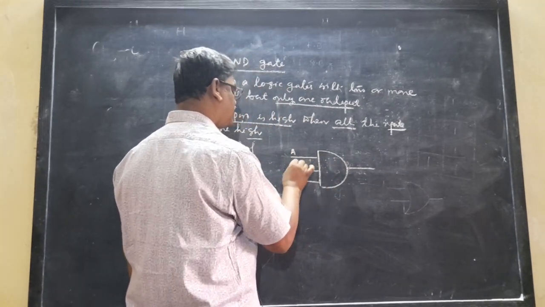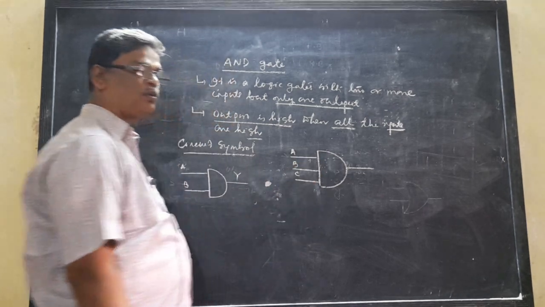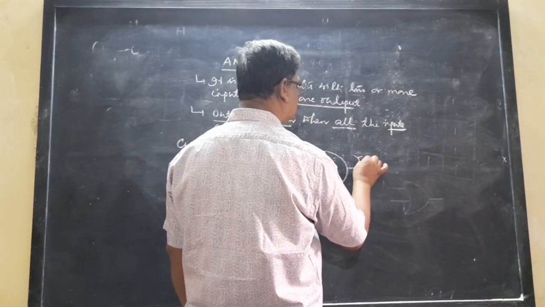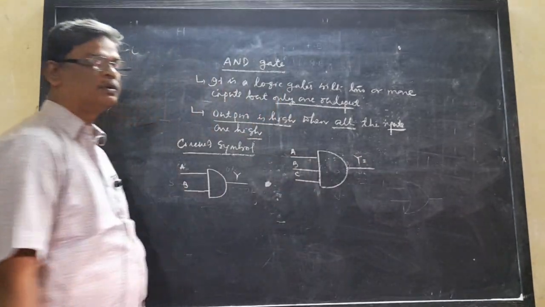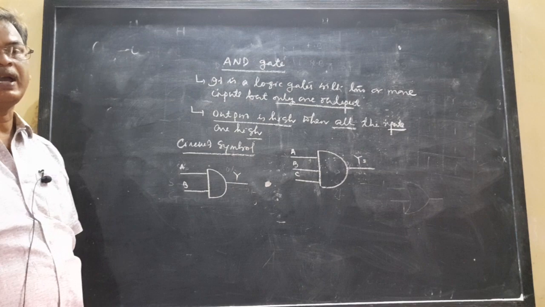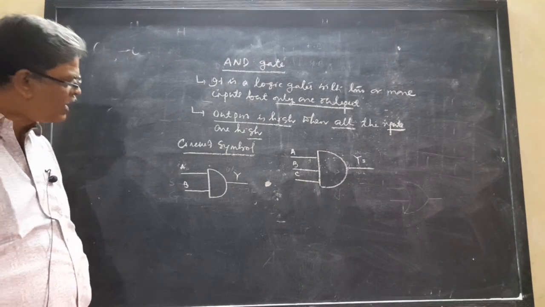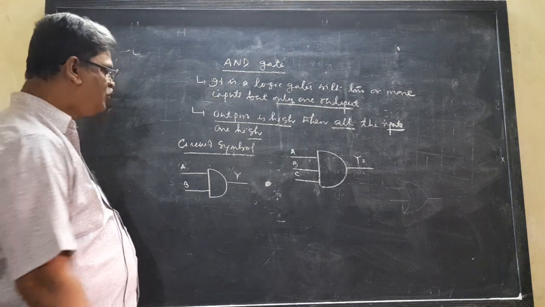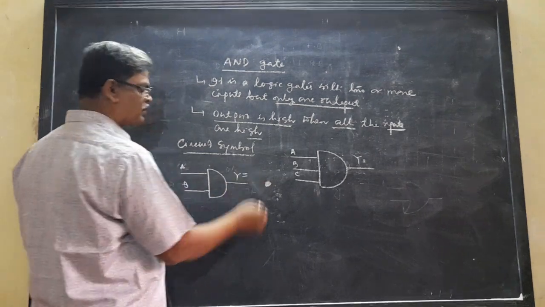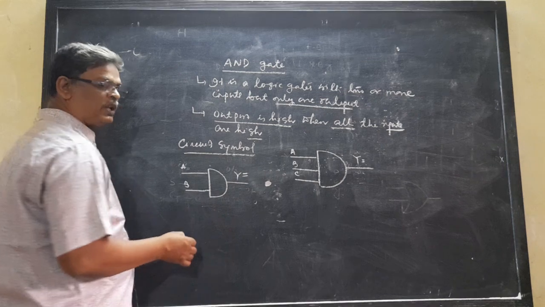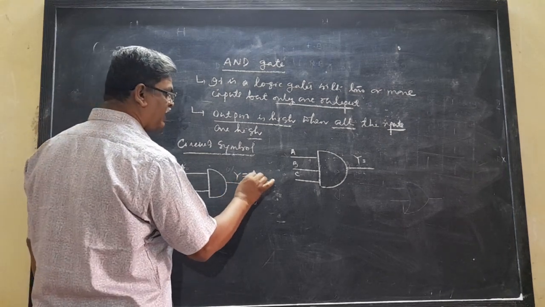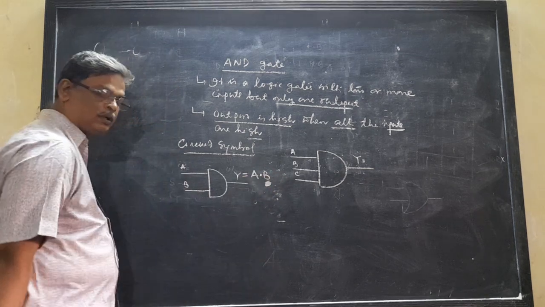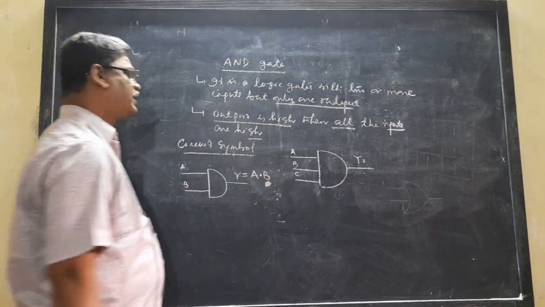It is a logic gate with two or more number of inputs, but only one output. Say 4, 5, 6, whatever it may be, only one output. The output can be expressed by a Boolean expression, that is Y equals A into B. This is the product operation, not addition.